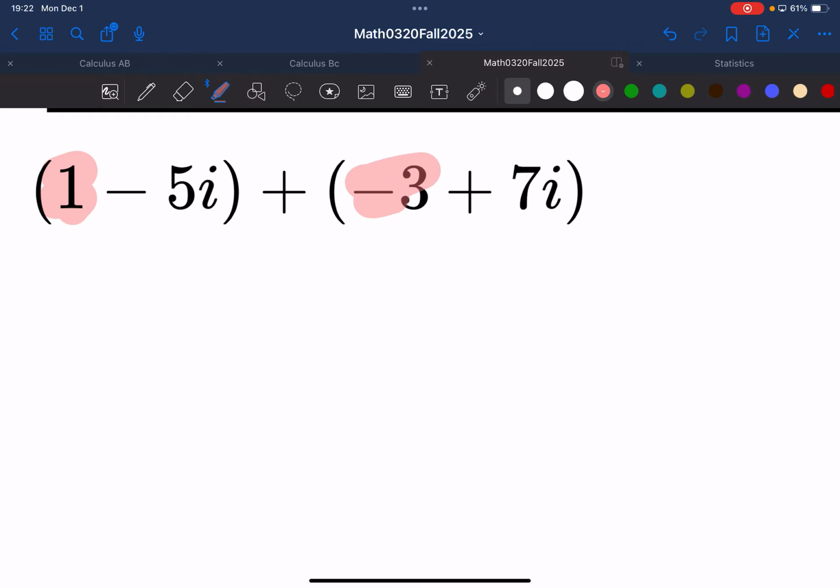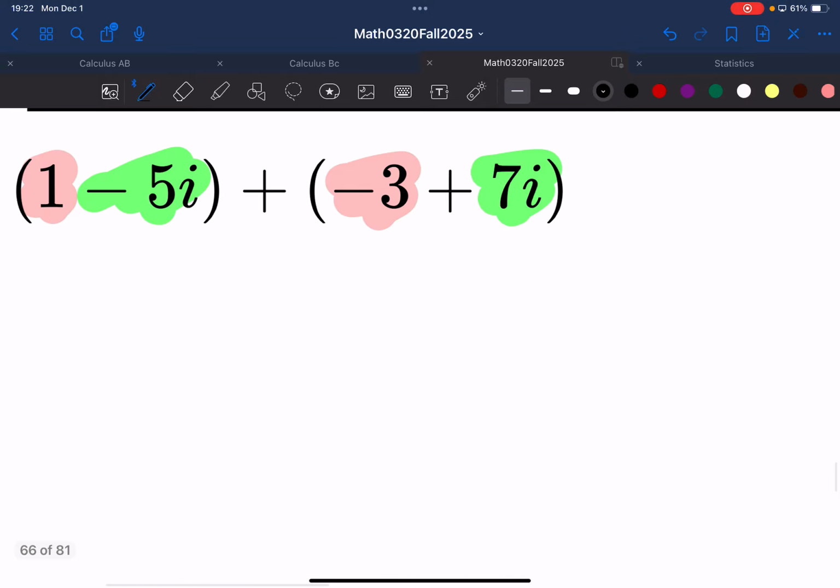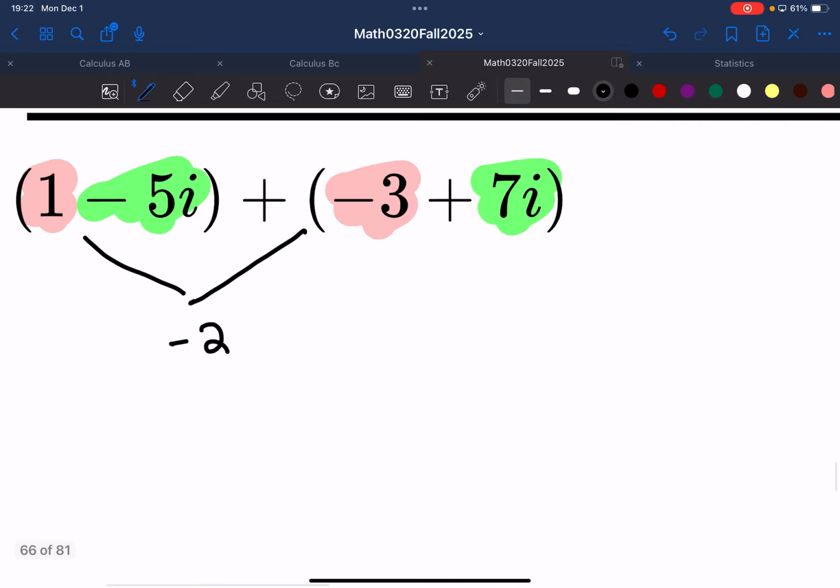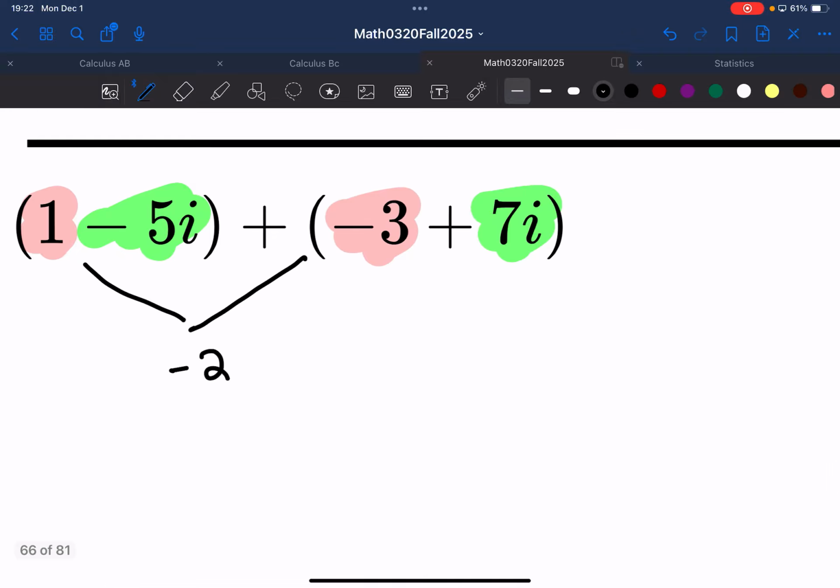Okay, so I'm just... Negative 2 minus what? Plus 2i. Yes, that's correct. So what we do is we take the real part. So I do 1 and negative 3, and that gives me negative 2. Okay, so I'm adding them together. 1 plus a negative 3 is negative 2.